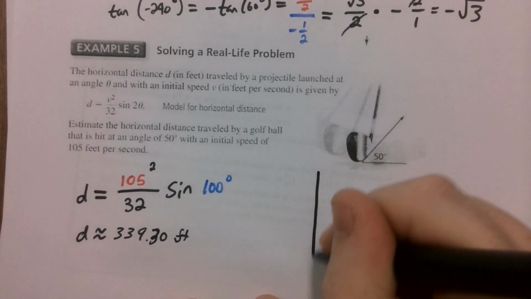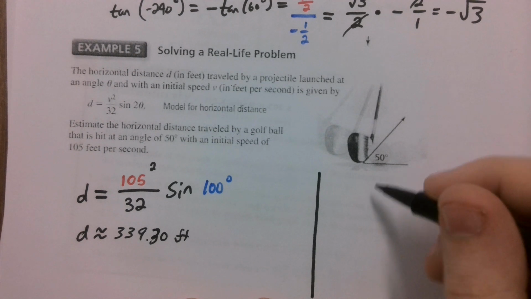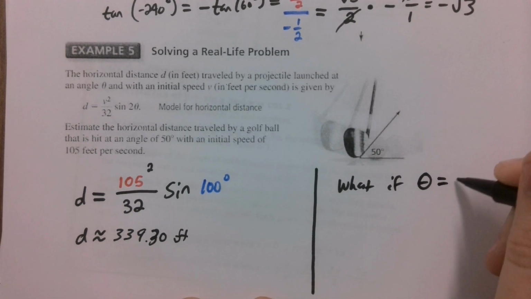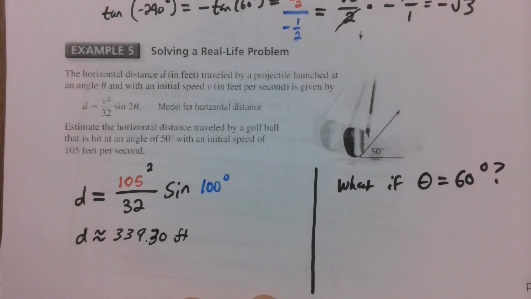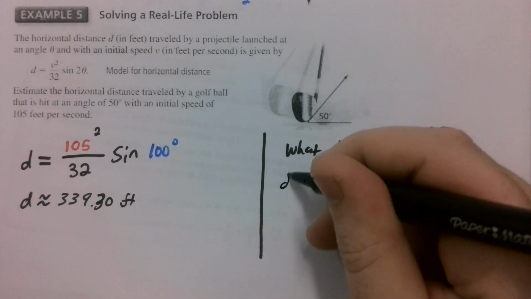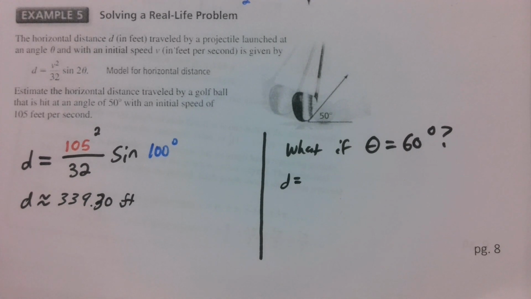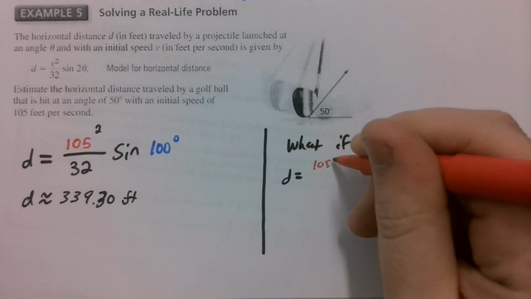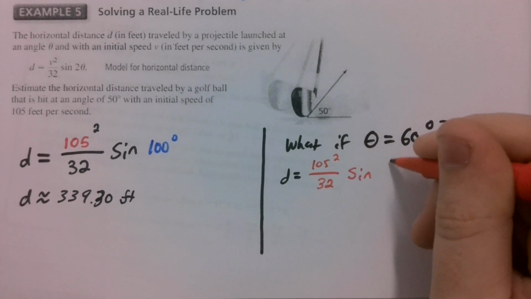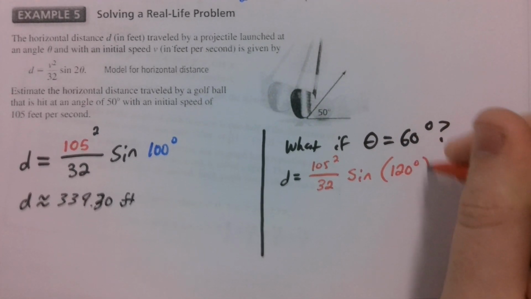Let's say for a second that I change this up slightly. Let's say, what if theta was actually 60 degrees? We can actually get an exact number here because of this. If theta was 60 degrees, d would equal 105 squared divided by 32 times the sine of 2 times 60, which is 120 degrees.